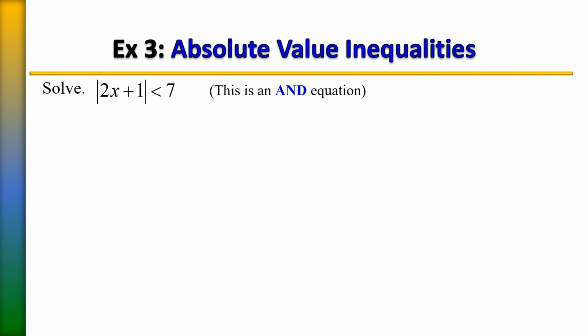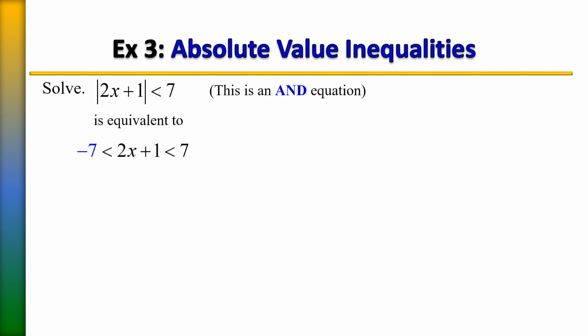So all you're going to do is remove those absolute value bars, and then on the other end you're going to place that same symbol, but you're going to have -7 on that left end. So let's go ahead and write that. When we do so, it's going to look like so.